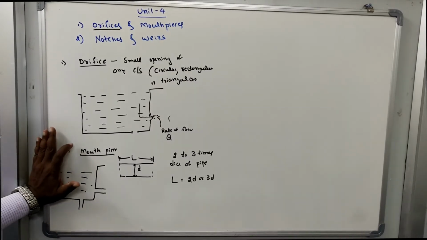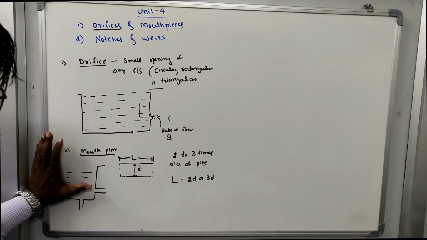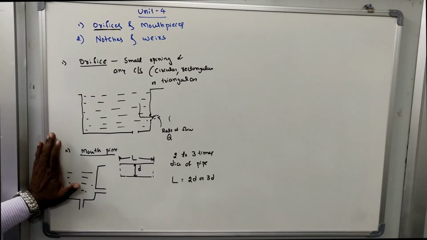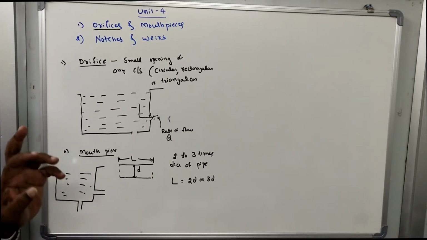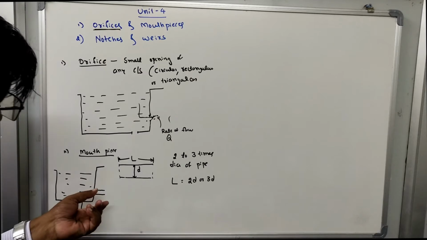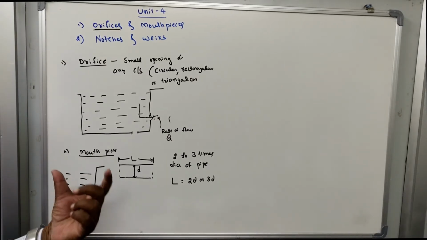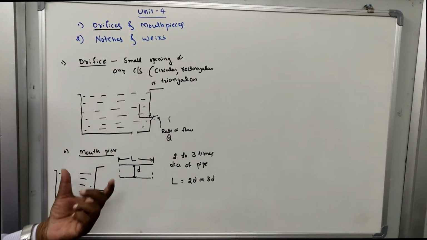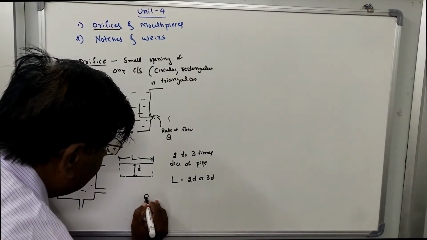So what is the definition of mouthpiece now? Mouthpiece is a small pipe. Normally its length is 2 times the diameter of pipe or 3 times the diameter of pipe, and it is fitted at the side of the tank or at the bottom of the tank to measure the rate of flow, that is Q.